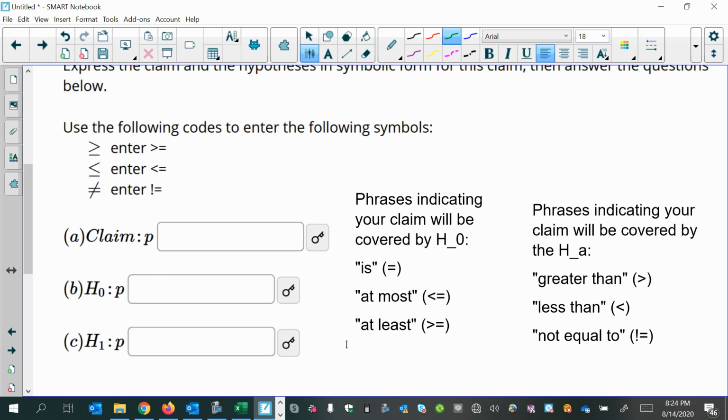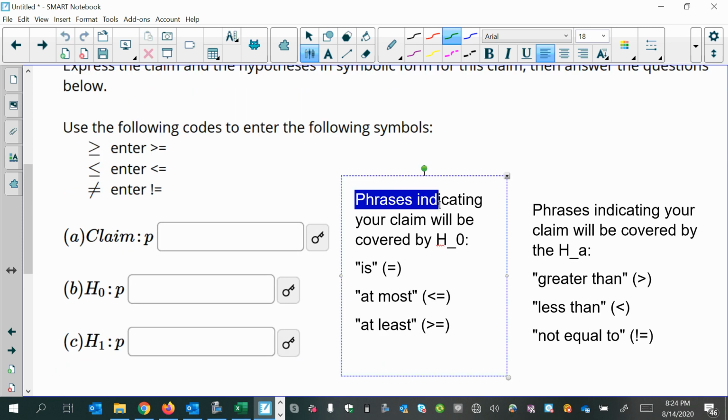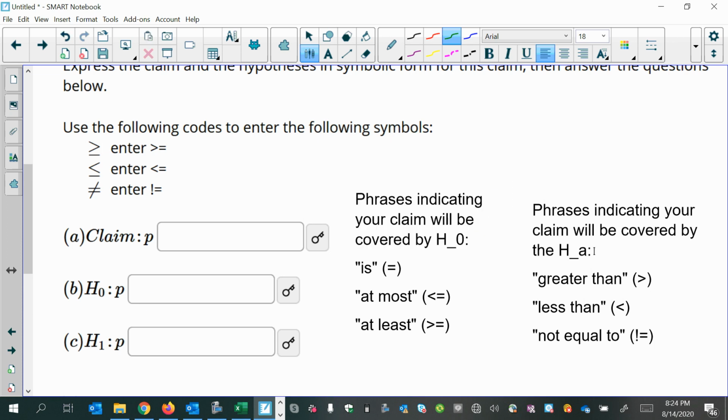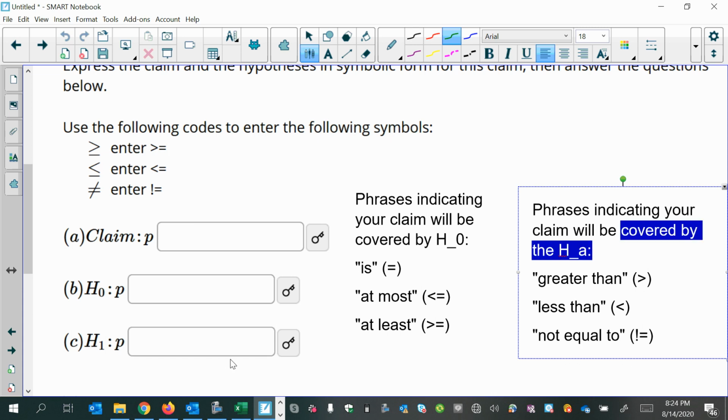So first of all, we should look at some phrases indicating that your claim will be covered by the null hypothesis. Because when your claim is covered by the null hypothesis, if you reject the null hypothesis, then your claim goes with it. Your claim can also be covered by your alternative hypothesis. And if it is covered by your alternative hypothesis, then it is safe from being rejected because we never reject the alternative hypothesis.